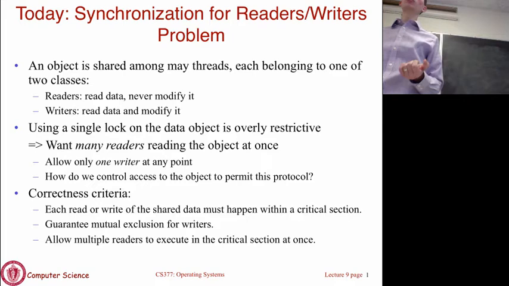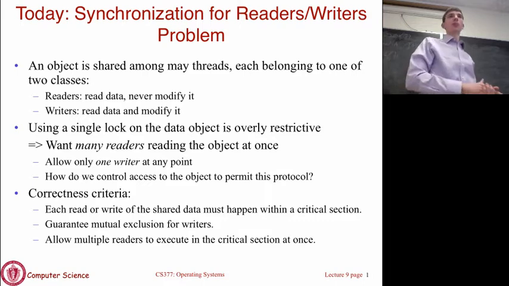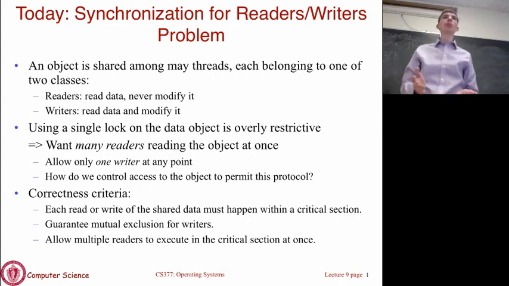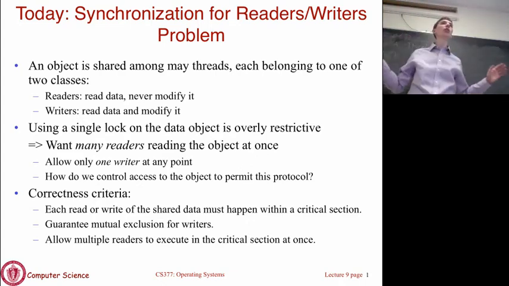Yeah. You're limiting the scalability because if you have 100 readers and one writer, they still have to take the lock. Right. So that essentially means you cannot have any parallelism.